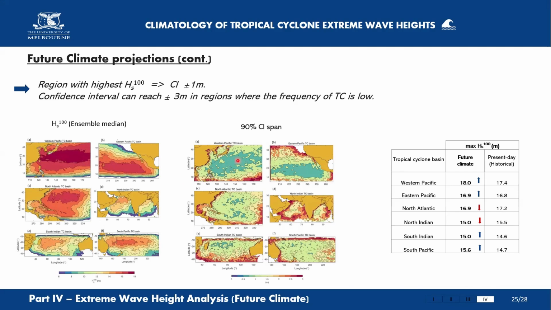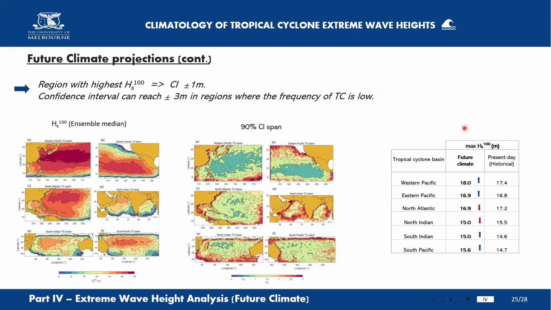It's ±1 meter. However, as happened with the historical data, the confidence interval can reach ±3 meters in regions where the frequency of tropical cyclones is low, like in the southern part of the South Indian Basin or here in the northern part of the Eastern Pacific Basin.